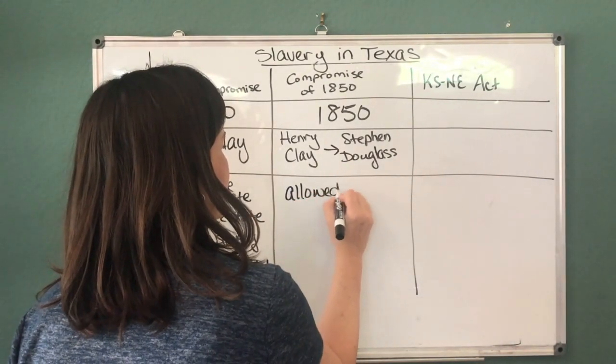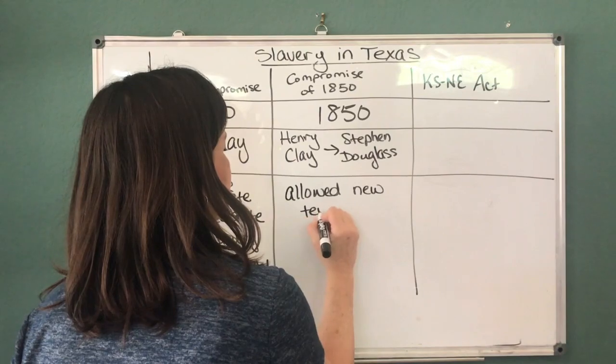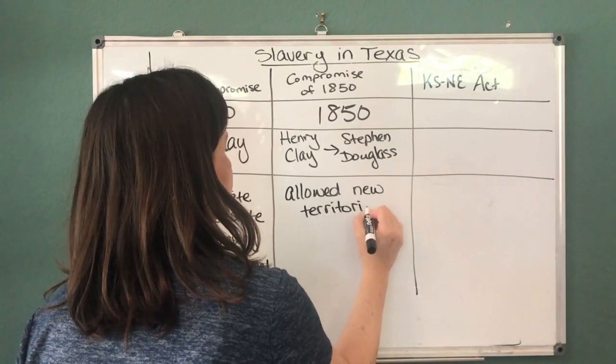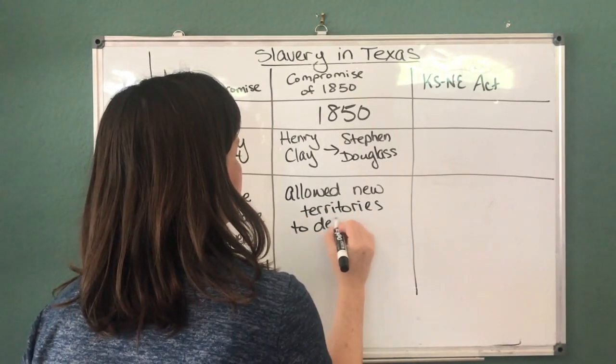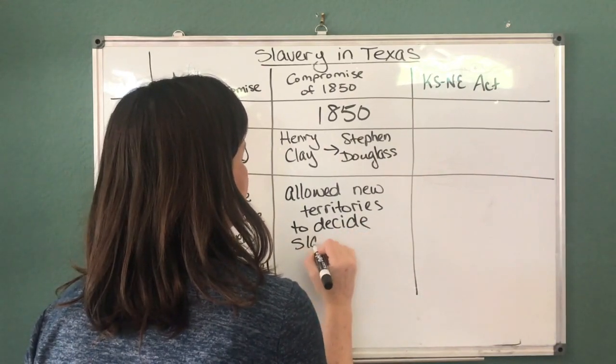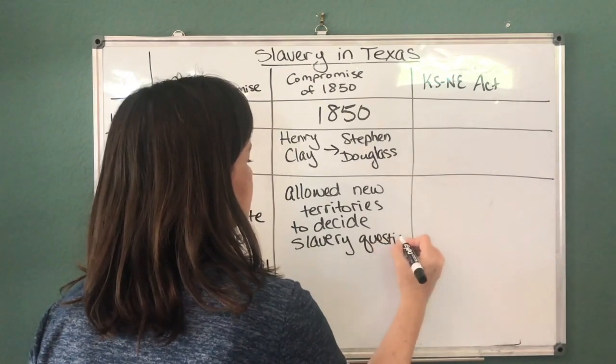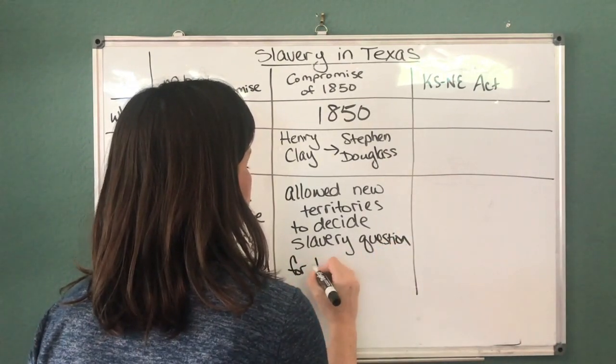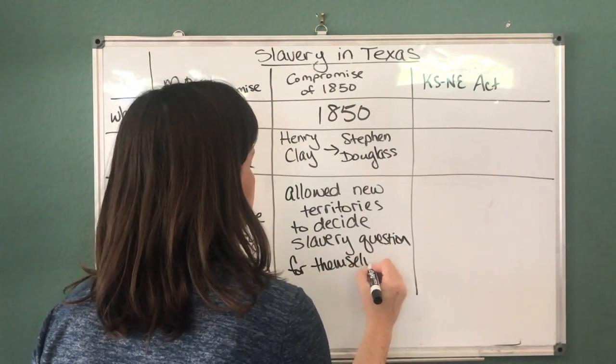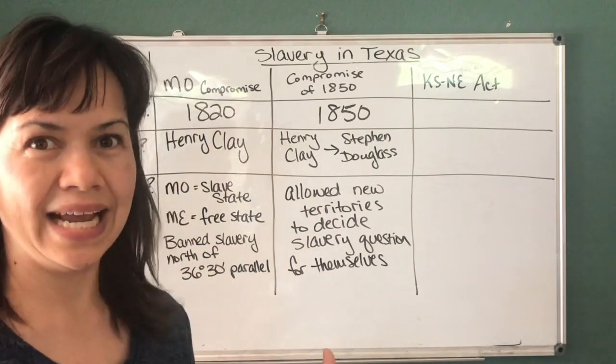So allowed new territories to decide the slave question for themselves, rather than banning it altogether.